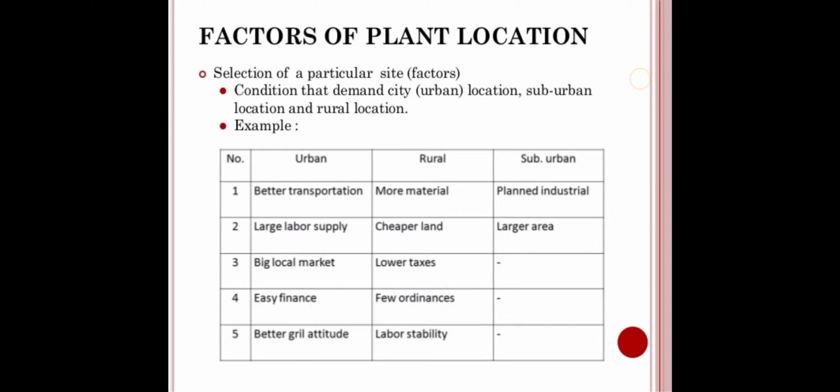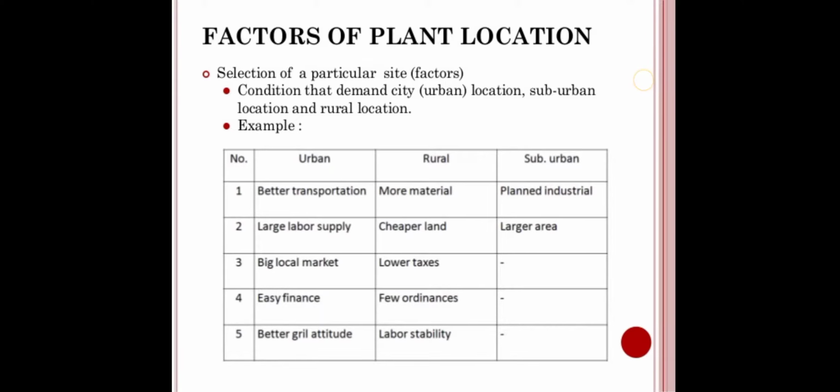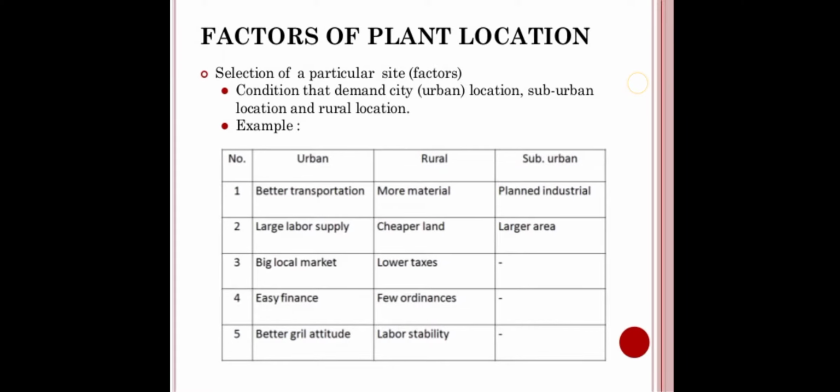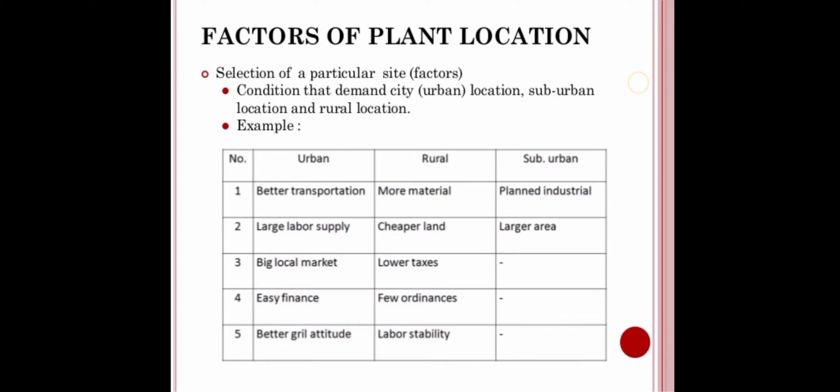In a rural site, if we are selecting a rural site, then more material, cheaper land and lower taxes will be there. So fewer ordinances, fewer legal formalities will be there.